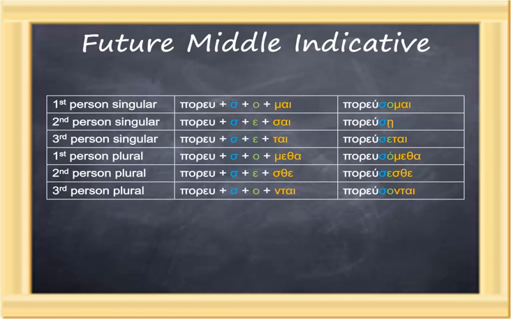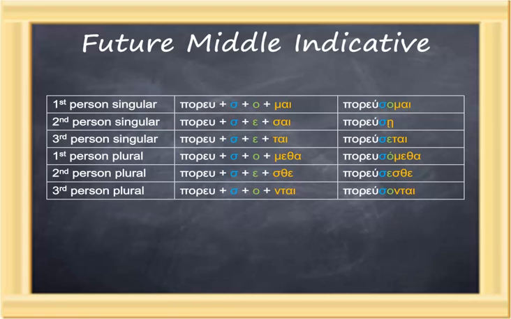So, taking the deponent verb poreuomai, the future stem is poreu, the tense formative is a sigma, the connecting vowel is an omicron, and the first person singular primary middle passive ending is mai, so the form is poreusomai.